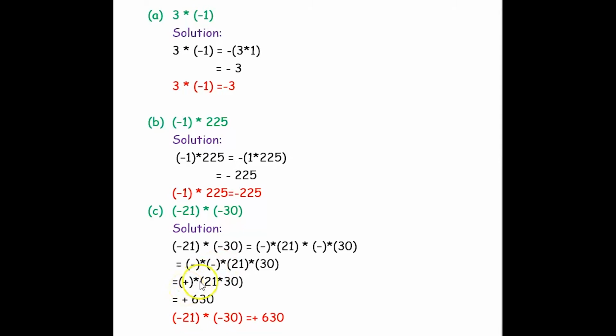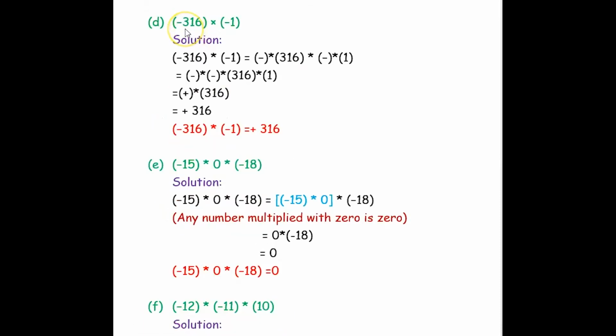So, positive into, we can multiply the integers, that is 21 into 30. 21 into 30 is 630 and we have a positive sign in the front. So, negative 21 into negative 30 is positive 630. We have already learned the property that if we are multiplying an even number of negative integers, then our sign will be positive and we can multiply the integers separately.